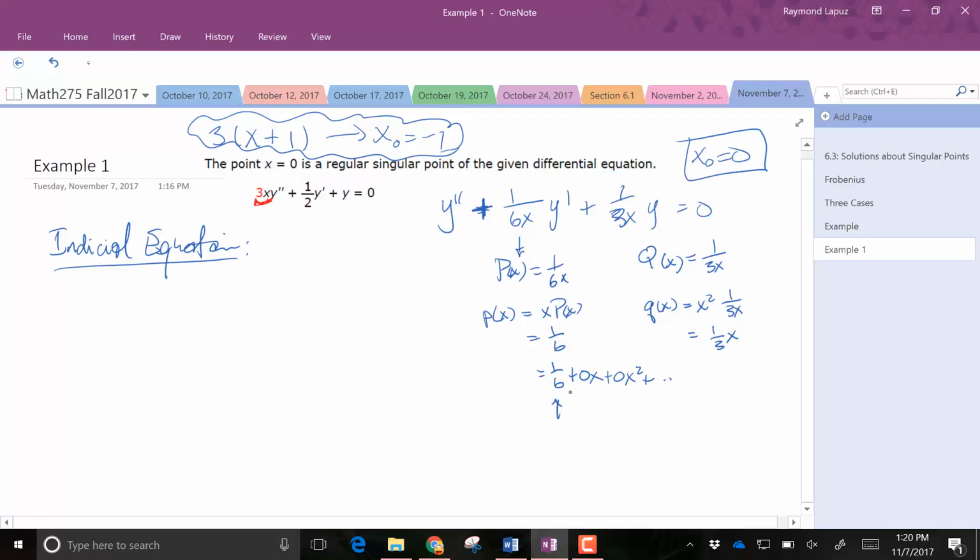And so your A naught is going to be 1/6. Similarly, over here, you have to write it as if it was a power series, and so there's a constant term, and then the 1/3 happens to be a linear term, and then everything else is 0. But we do want to keep an eye on our constant term, and in this case, B naught is equal to 0.